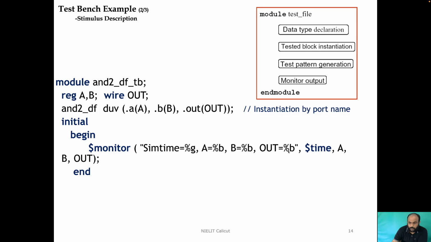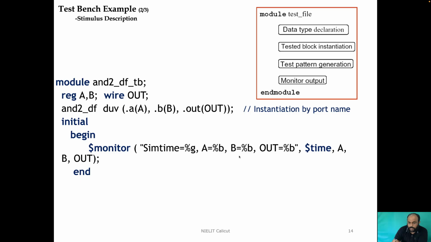Inside quotation marks whatever we want to print we give it. Here it will be printing in the console area sim time equal to, and %g is an indication to the compiler that you expect to print a time value returned by another system task $time. Then a comma will appear, a equal to will be printed, and the binary value returned by the variable a will be printed.